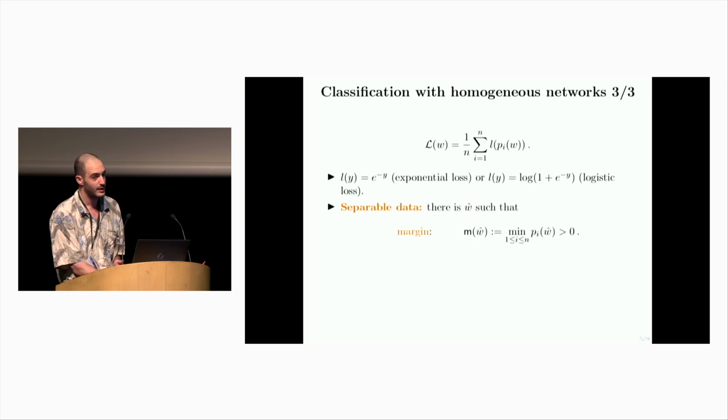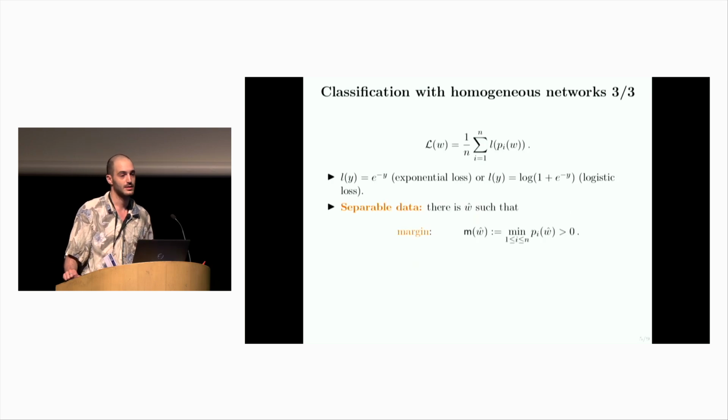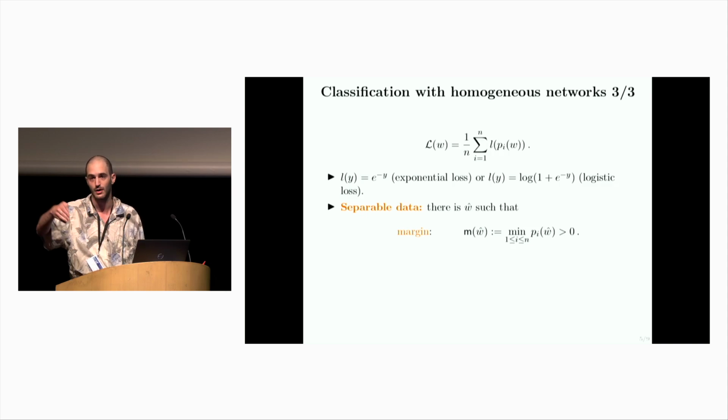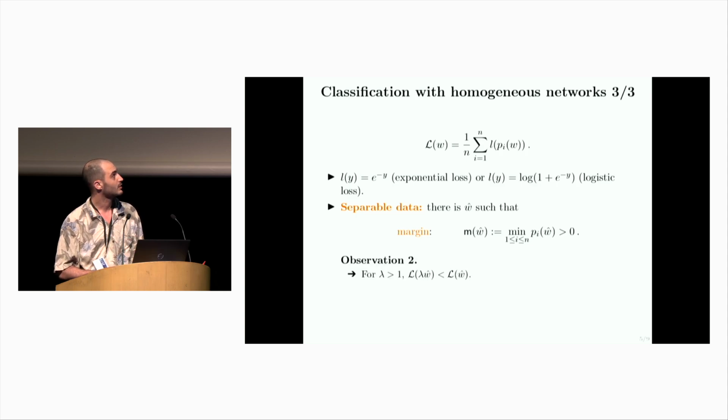Second observation: imagine that you are in the context where the data is separable, which means that there is a parameter that correctly classifies all of the data. From another point of view, what we call the margin, the minimum of the different sign predictions, is strictly greater than 0, which means that you classified correctly all of your data set. Then, due to the structure of the neural network and the fact that you have a decreasing loss, the exponential logistic, if you find such a parameter that separates the data and you multiply it by lambda greater than 1, you will decrease the loss.